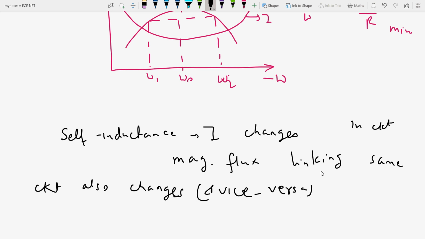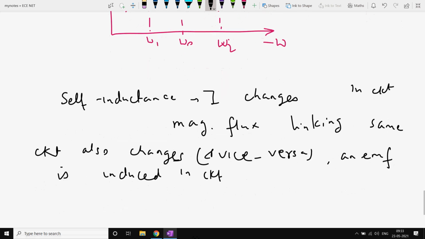So an electromotive force, an EMF, is induced in the circuit.